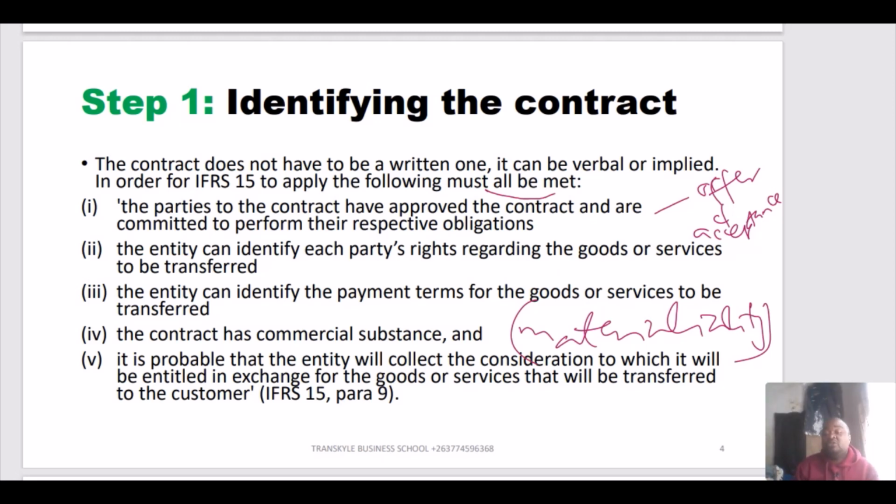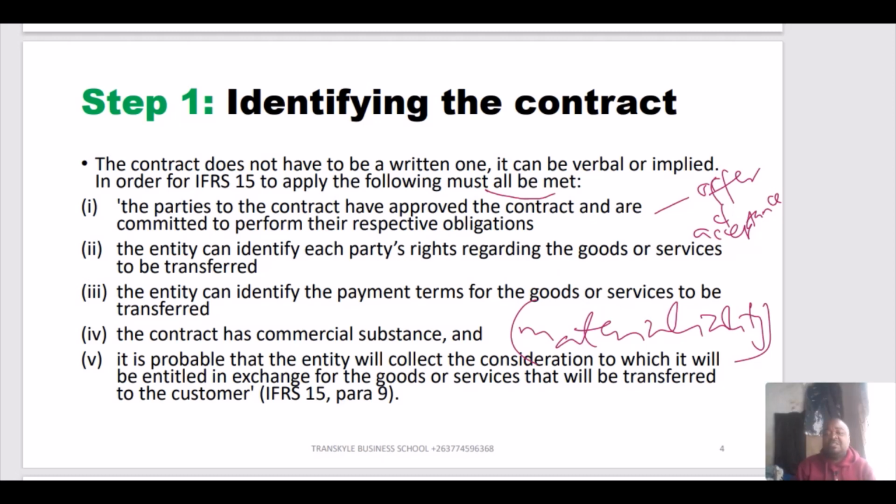Otherwise, we shouldn't worry about it anyway. Then lastly, it is probable that the entity will collect the consideration to which it will be entitled in exchange for the goods or services that will be transferred to the customer. If by the end of the day we are not going to expect any payment, then why should we consider it a sale? Why should we consider it a sale contract?